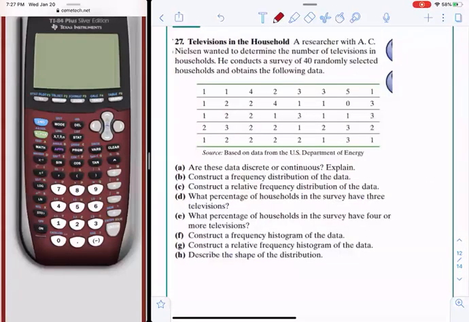So a researcher with Nielsen wanted to determine the number of televisions in households. So he is looking at 40 different households, and he finds those observations.